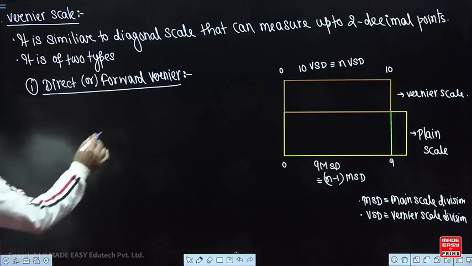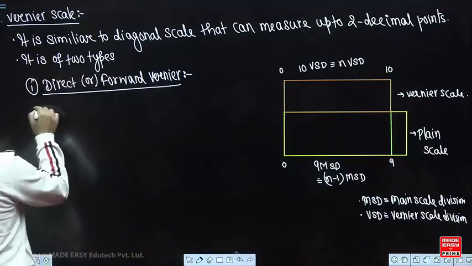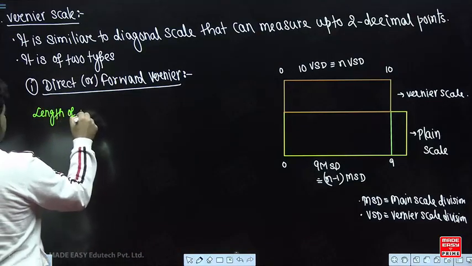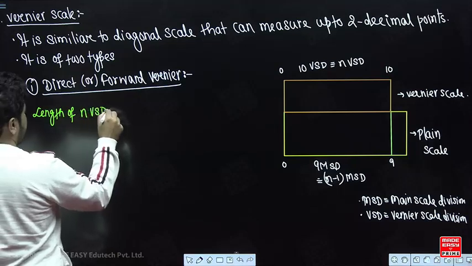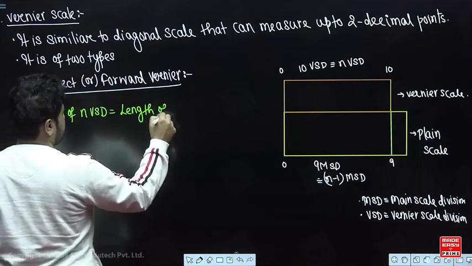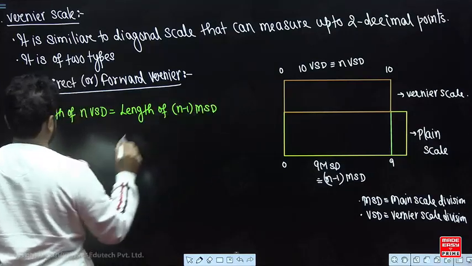Right. So what I can say is that length of n vernier scale divisions is equal to length of n minus 1 main scale divisions.